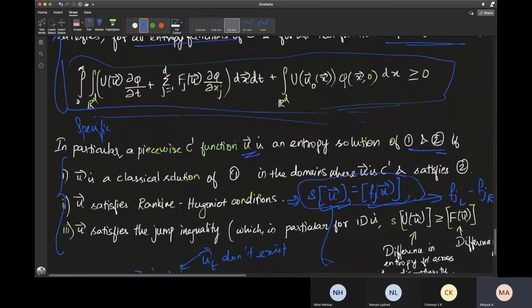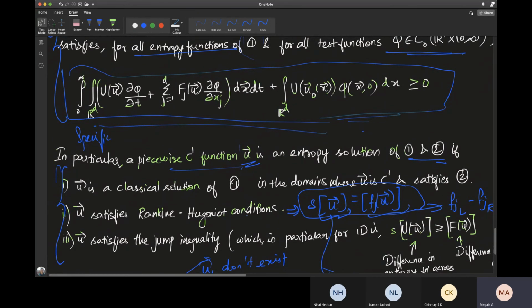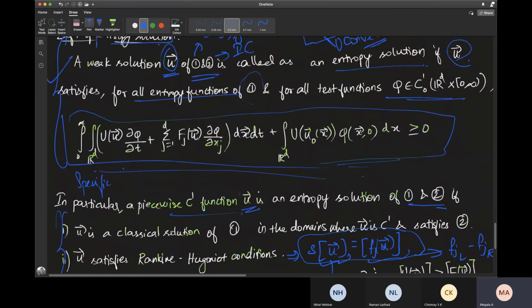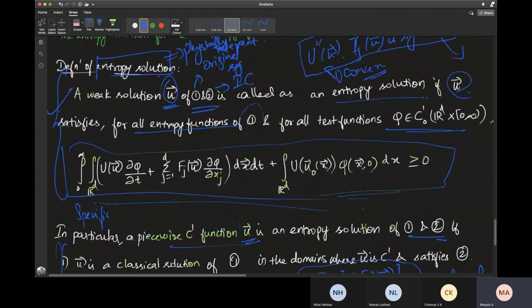This specific information is only for piecewise continuous weak solutions. So when your weak solutions are piecewise continuous, it's okay to see only these conditions. Whereas if it is not piecewise continuous, then you have to see this general overall picture, this one.